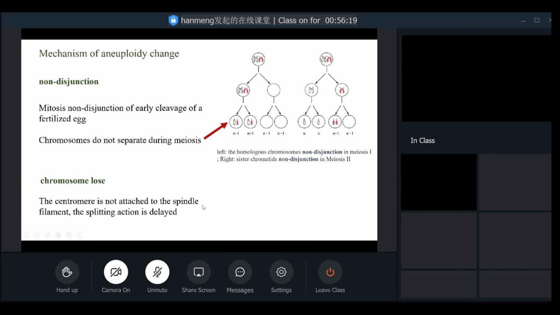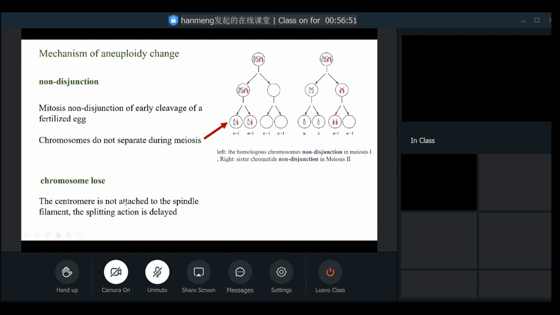As we learned in the structure of the chromosome, the chromosome has a centromere, and the spindle filament attaches to it, then separates the chromosome into two daughter cells during mitosis.